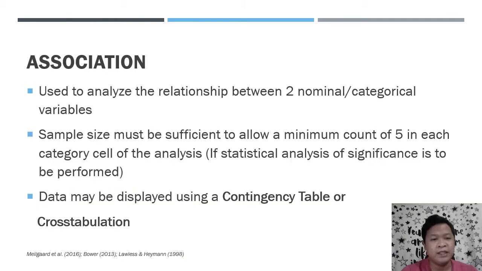So again, when we say association, you analyze nominal or categorical variables. When we say categorical, these are nominal variables that have been assigned specific categories so that there is a finite number of categories that will be easier to handle.